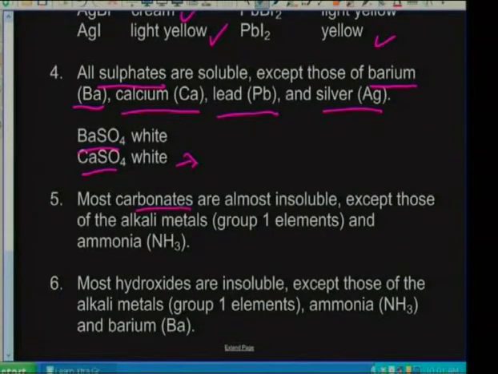Most carbonates are insoluble, except group 1 metals and ammonia. And the last one: most hydroxides are insoluble, except those from group 1, ammonia, and barium. Those six little rules you need to know are going to be really useful when we start to do tests on solutions and look at the chemistry of what's happening in solutions.